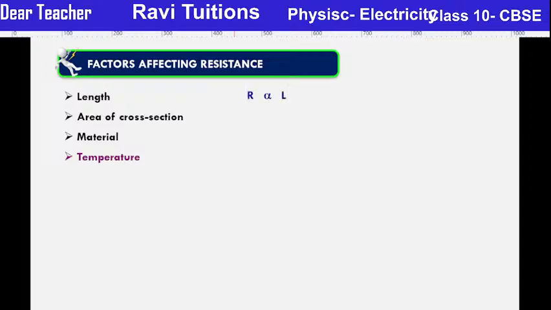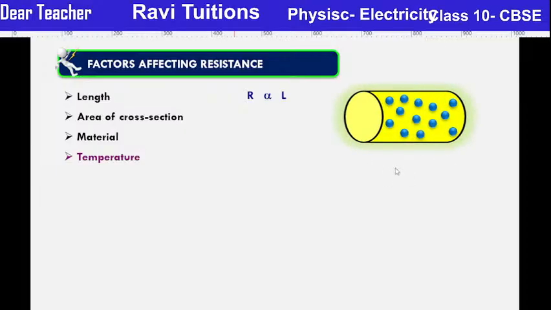So how is resistance affected by length? The length and resistance of the conductor are directly proportional. If more length, more resistance; less length, less resistance. What happens with the area of cross section?